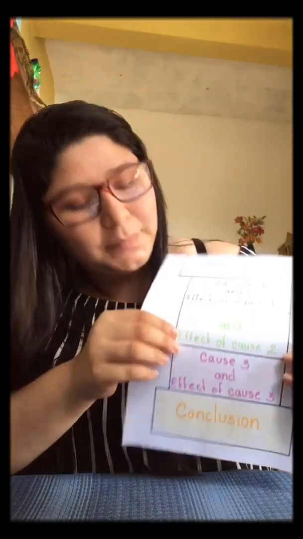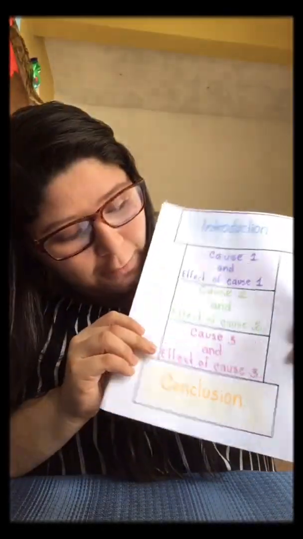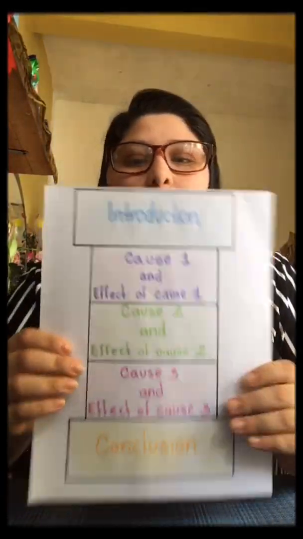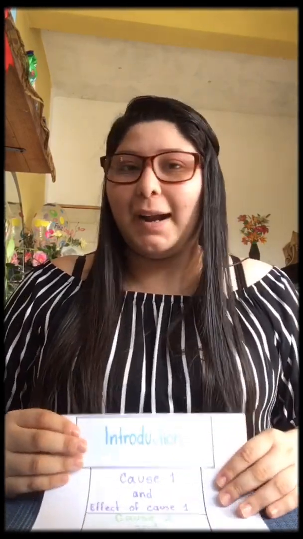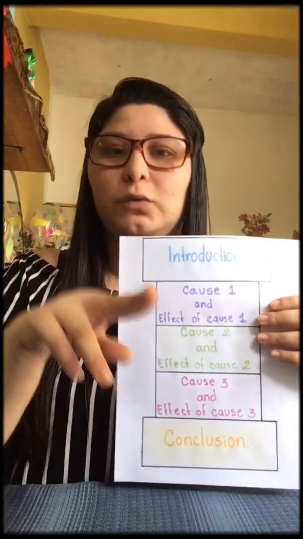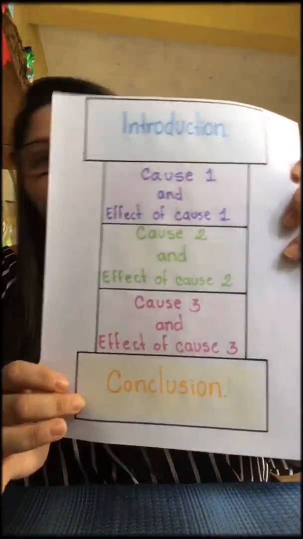And in the third block it will be exactly the same. The ease of this structure is that we don't need to write a transition paragraph because we write the causes and effects together, and at the end we write the conclusion.